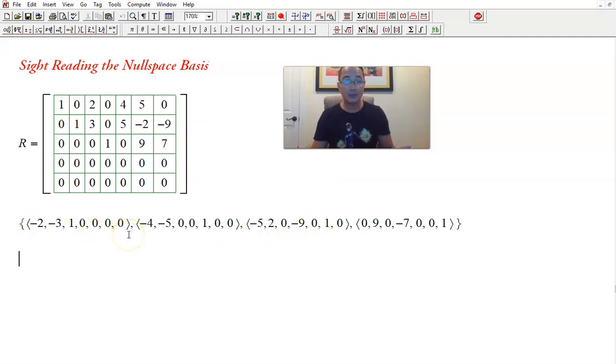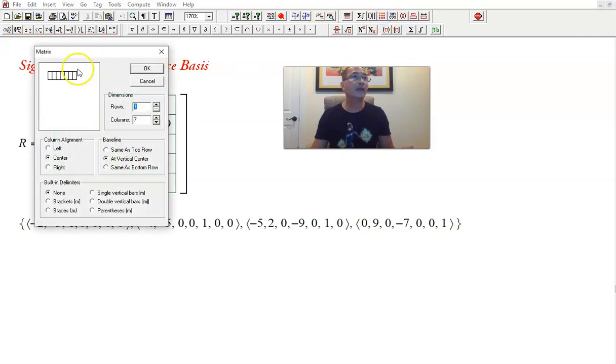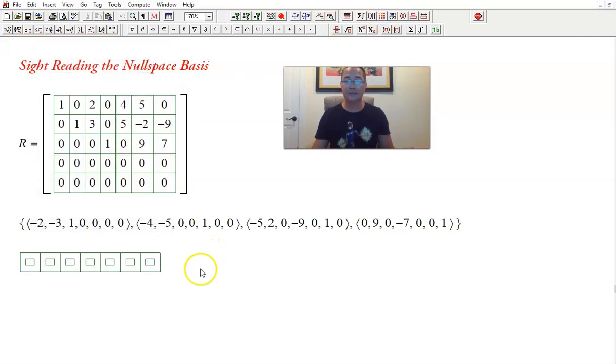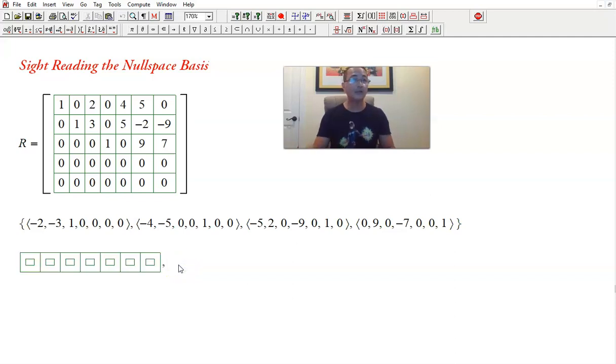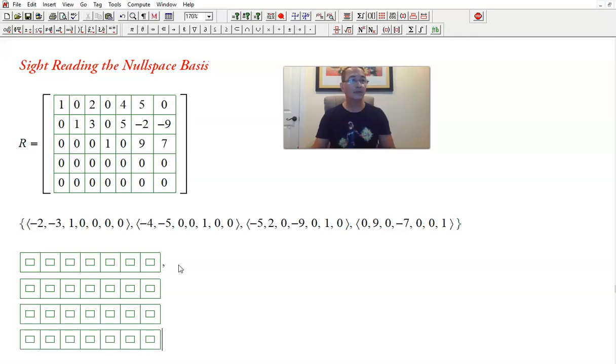Each of them is supposed to be from R7. So I have a 1 by 7 setup. There you go. We are going to make 4 of them. 1, 2, 3, 4. So this will be our final answer, our basis. We're actually going to write this down, but I'll show you how to write it down.